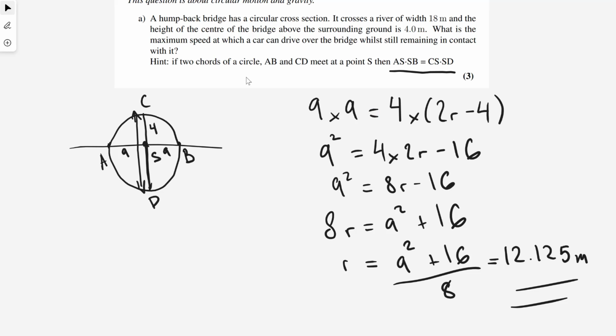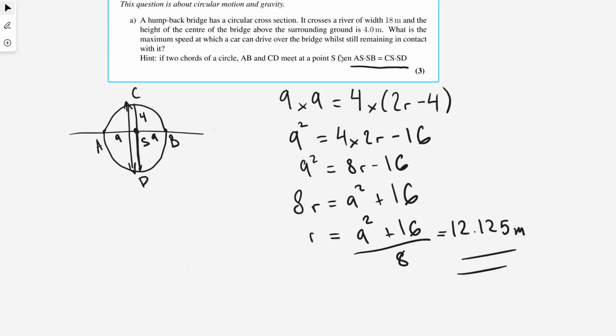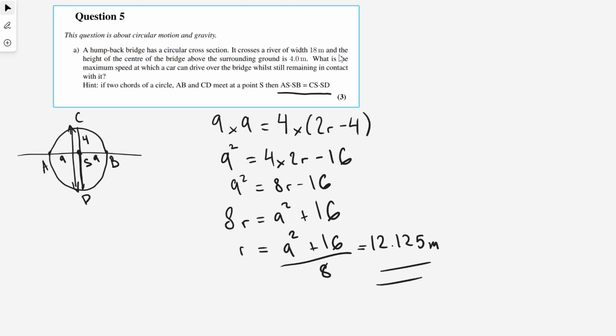Now this question is asking us what is the maximum speed at which a car can drive over the bridge while still remaining in contact with it. Well, the condition is that the centripetal acceleration has to be equal to the gravitational acceleration.